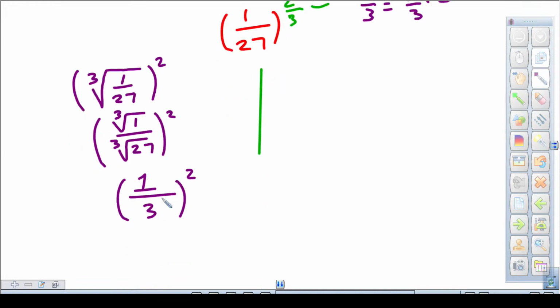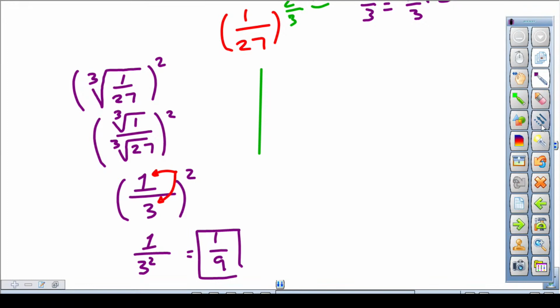So now we could distribute that 2, because that 2 belongs to everybody who lives in this household. It's the 1 to the second power, which is 1, and the 3 to the second power. 3 to the second is going to give you a 1 over 9. Okay? That's one way to do it.